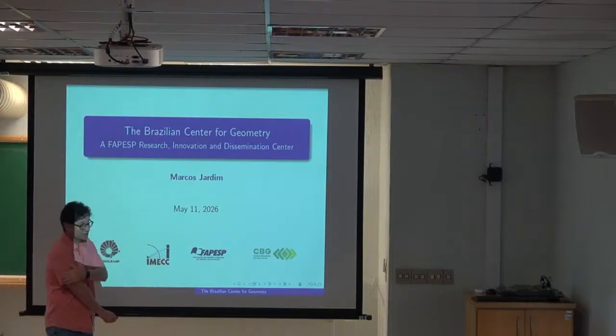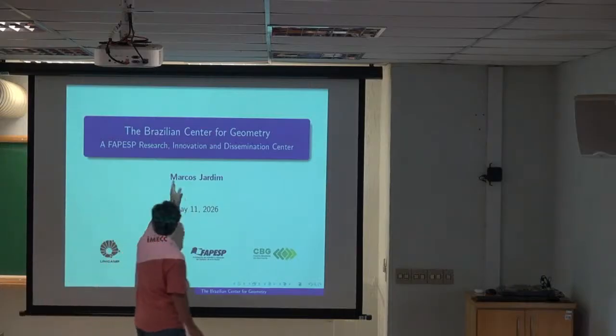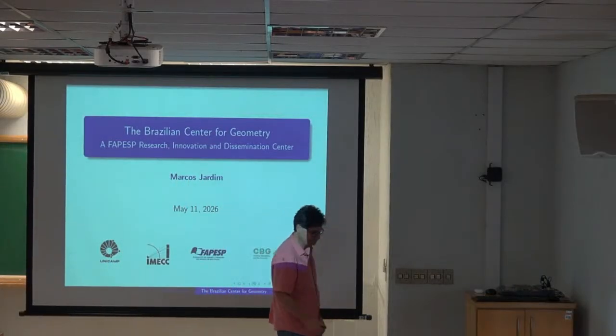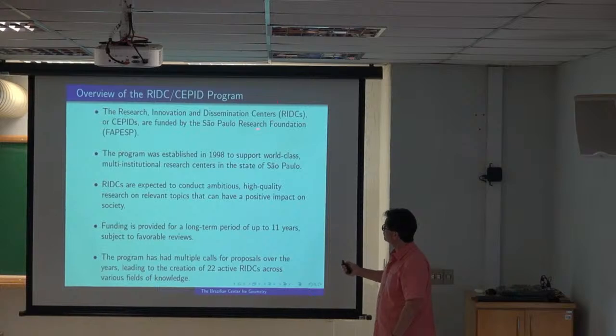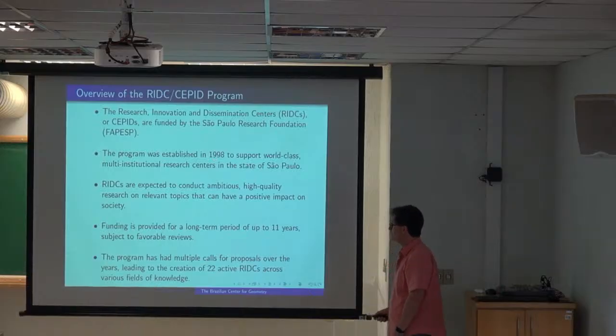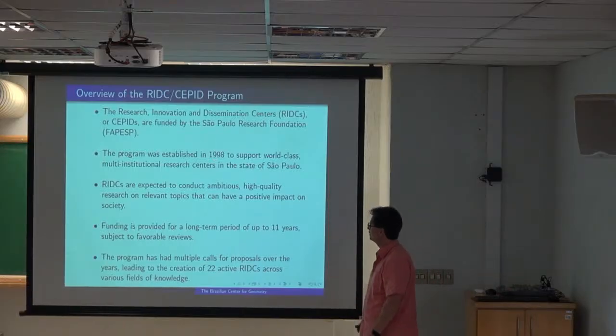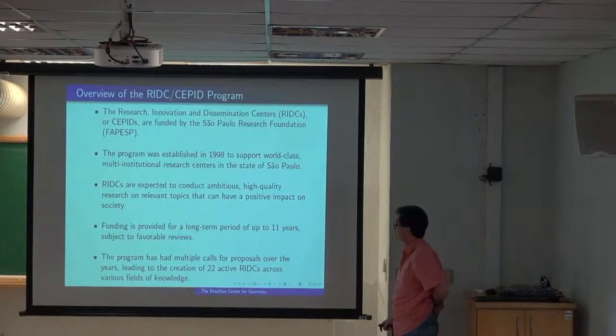So that's what the Brazilian Center for Geometry is. These centers are funded by FAPESP, the São Paulo Research Foundation, which was established in 1998, so a little over 25 years ago.